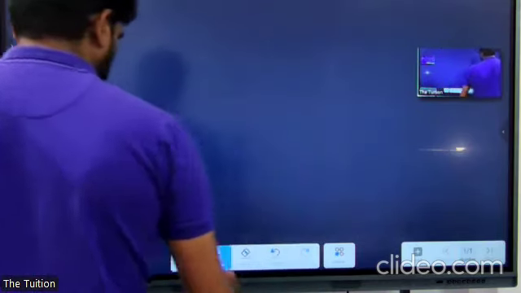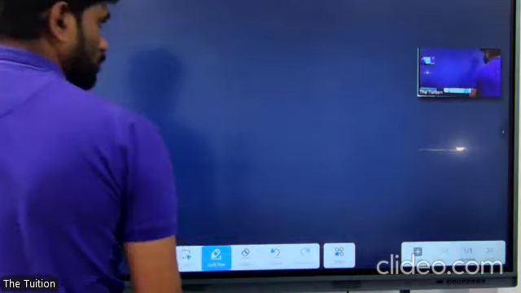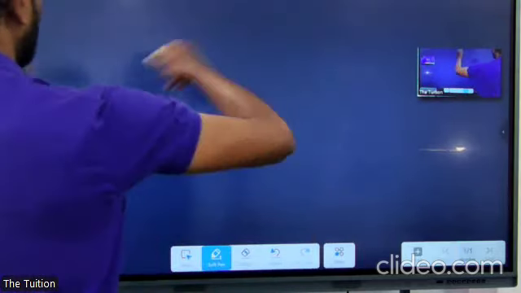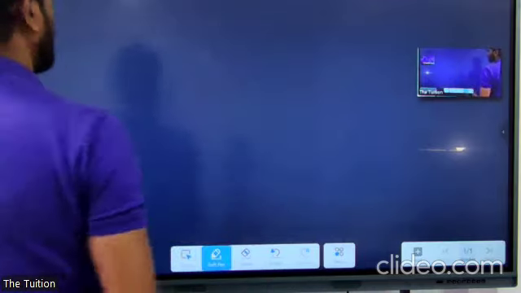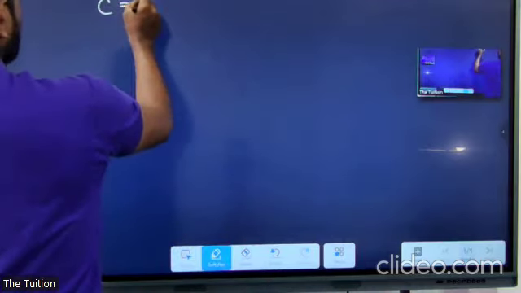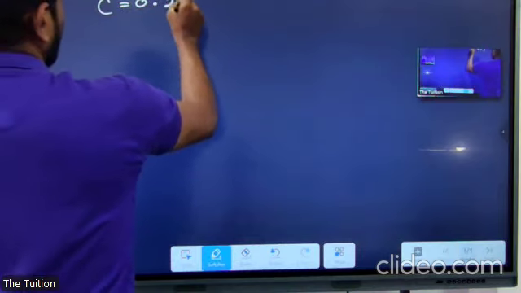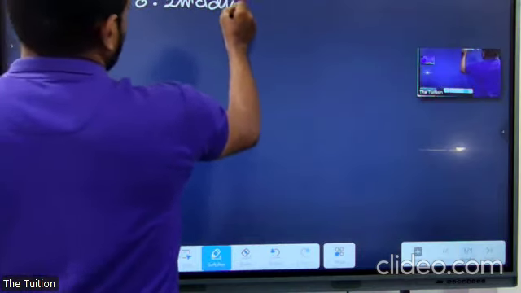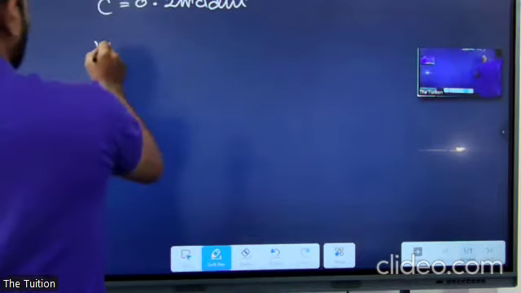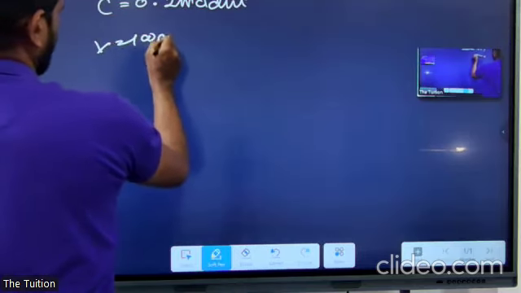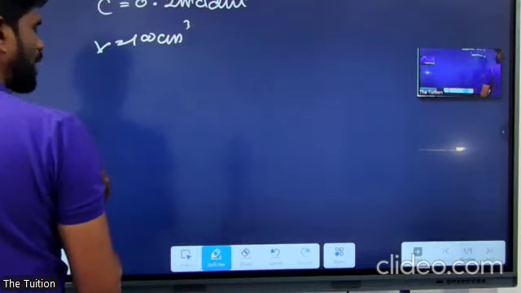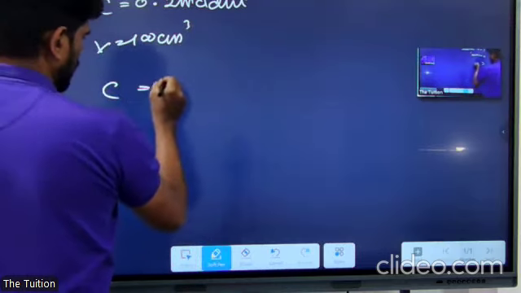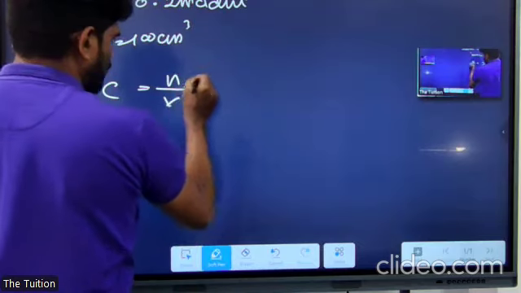Right? When I give the concentration, this is how we get moles. So C is 0.2 mole per cubic decimeter. V is 100 cubic centimeter. You can use the equation that I have given: C equal n divided by V into 1000.